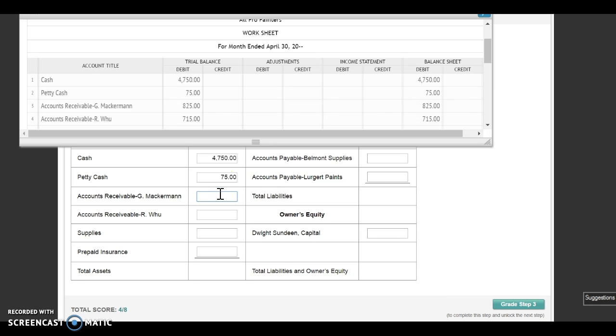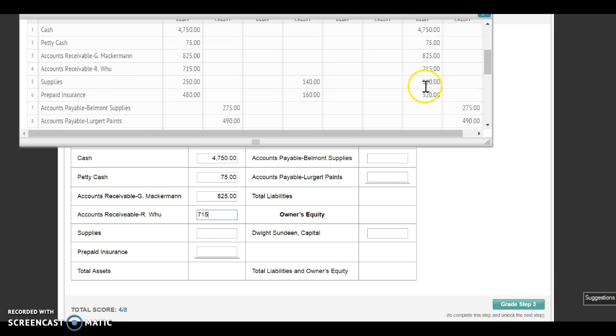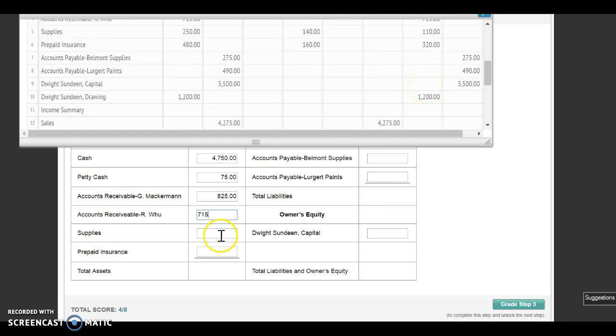Accounts receivable, Mackerman, $825. Accounts receivable, Woo, $715. Supplies are at $320. Nope, supplies are not at $320. They're at $110. And then prepaid insurance is at $320.